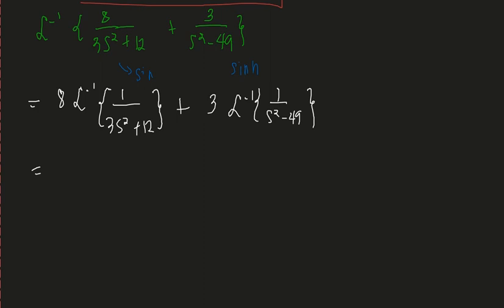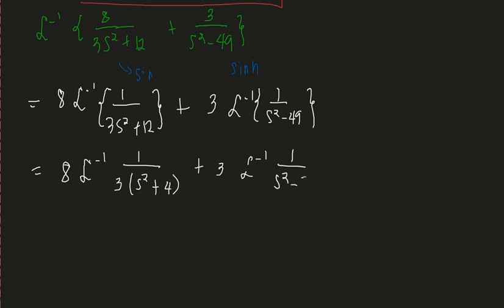So we'll have 8. We will have inverse Laplace transform of, so 1. So pwede ko i-factor out ang 3. We will have 3. Then we will have s squared plus, so 4, plus 3 all over inverse Laplace transform of 1 all over s squared minus 7 squared.